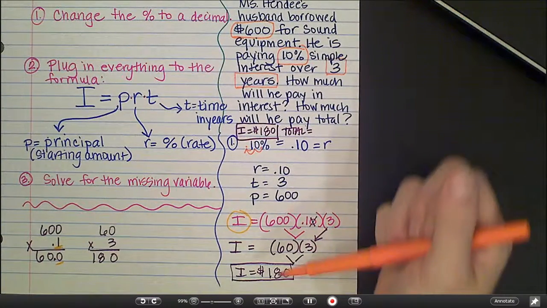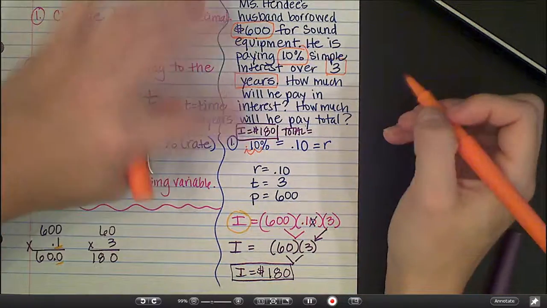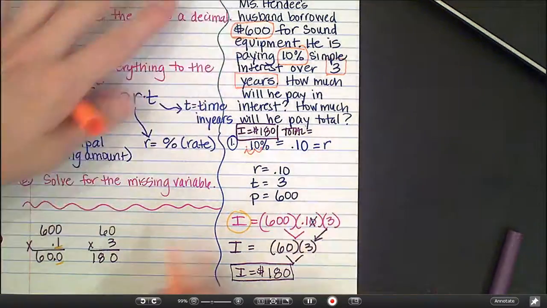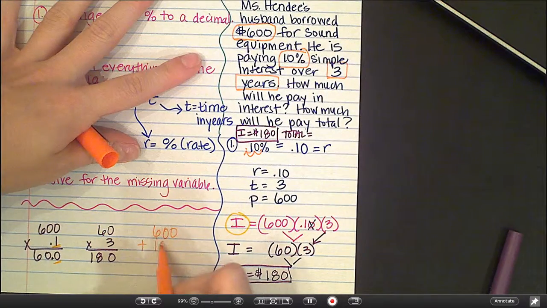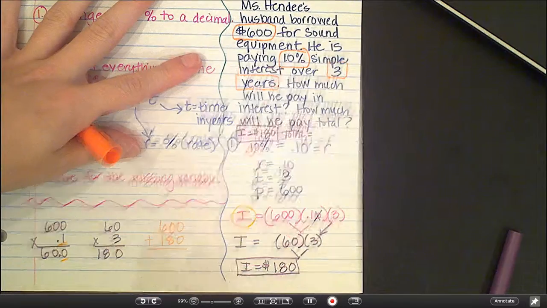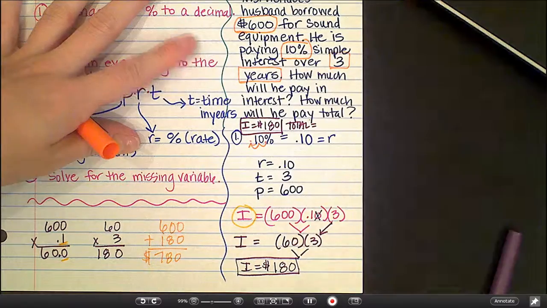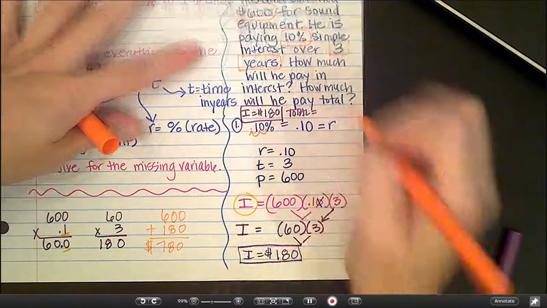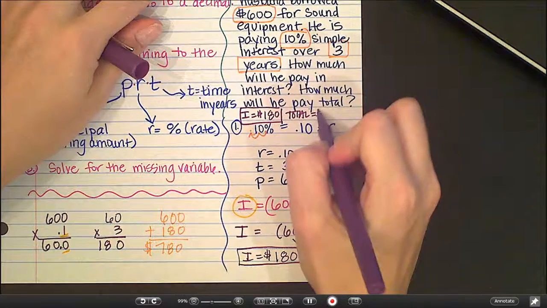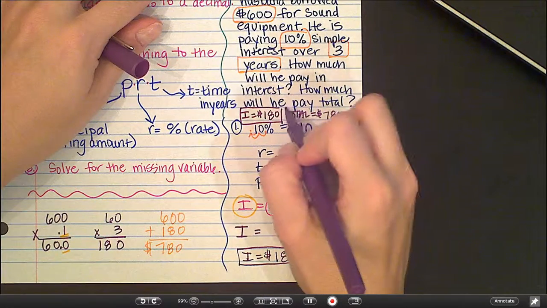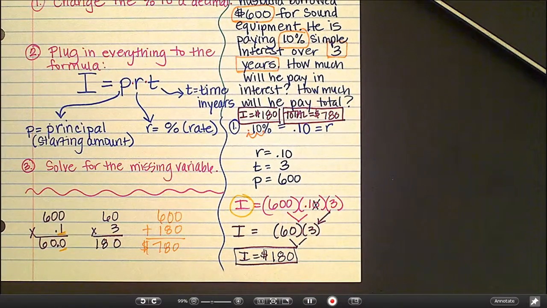But then the fee that they're charging him to borrow that money is $180. So if we add 600 plus $180, that's $780. So let's go up here. Our total is $780.